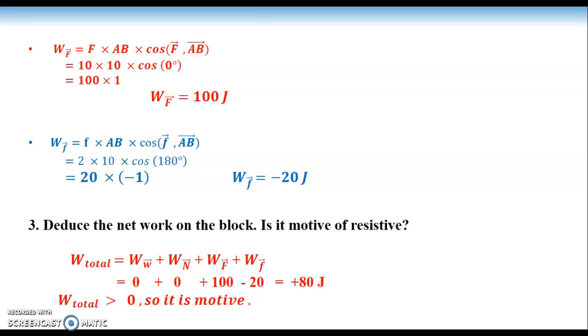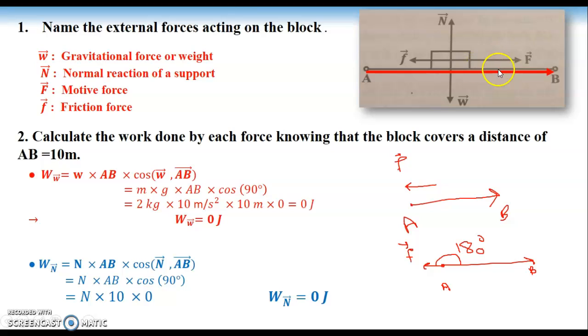Now as for the motive force and the friction force, again, magnitude of the force times distance times cosine. The magnitude of the motive force is 10 Newton, times 10 meter times cosine 0. Why is the angle between the F vector and the AB vector 0? Because both are horizontal, in the same orientation and the same direction. So the angle between them is 0.